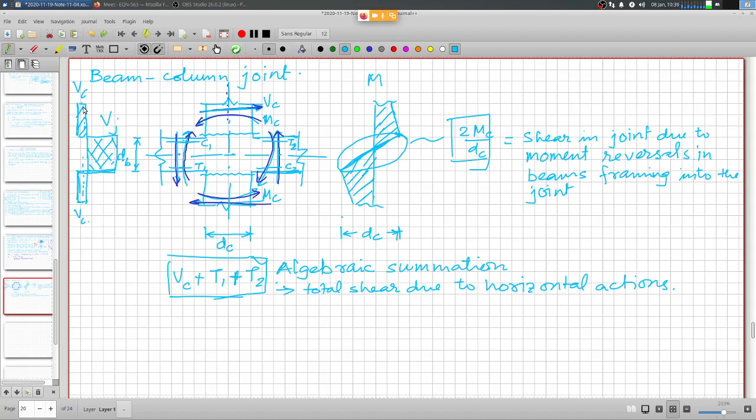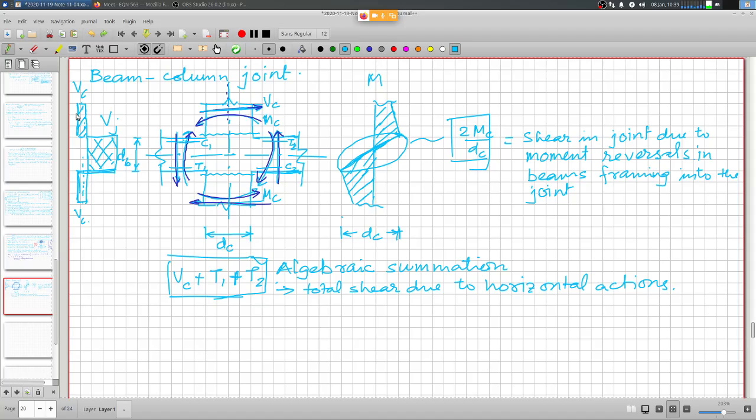Very high shear force because of very steep moment gradients across this very short width of the column, and this shear force in the joint may be of the order of 5 to 6 times the shear force that we have in the columns.